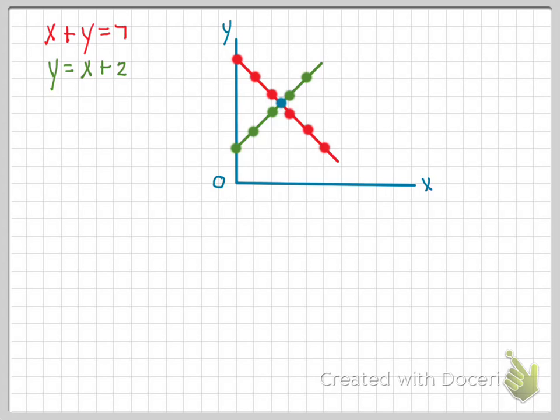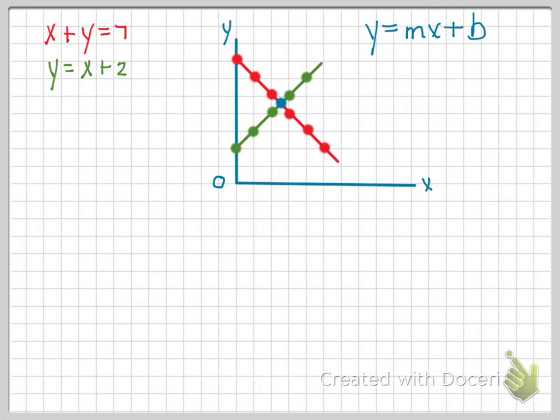In this example, we have x plus y equals 7 and y equals x plus 2. When we're trying to figure out their solution, we can simply graph what we see, because we remember that all linear equations, if they're placed into the slope-intercept form, will be y equals mx plus b.